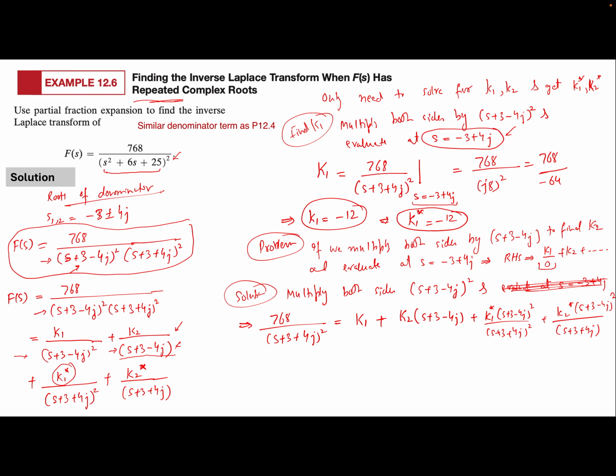Okay, so what we need to do is two interesting things. One, we have to evaluate this at s equals minus 3 plus 4j. But before evaluating it, we have to take a derivative with respect to s. So what is going to happen? Once we evaluate this at s equals minus 3 plus 4j, both of these terms will become 0 anyways, so I'm more interested in the other terms.